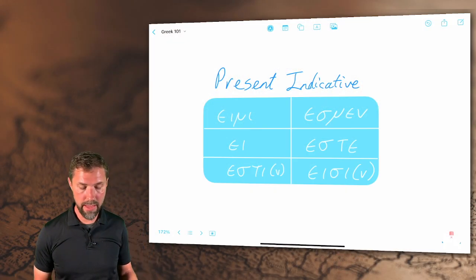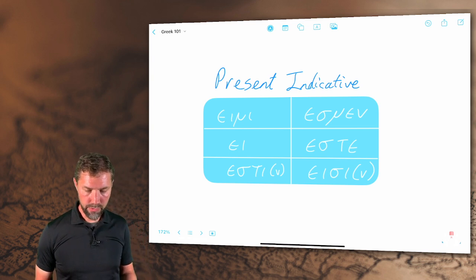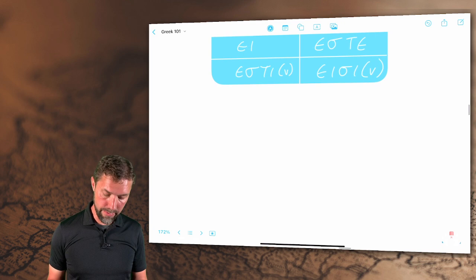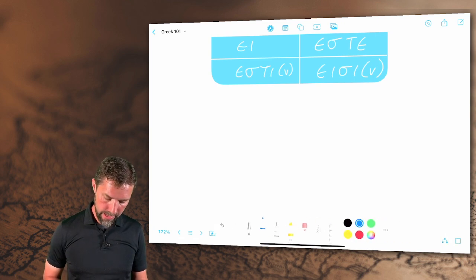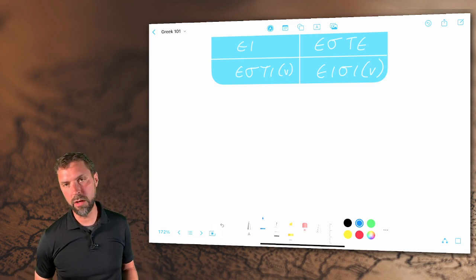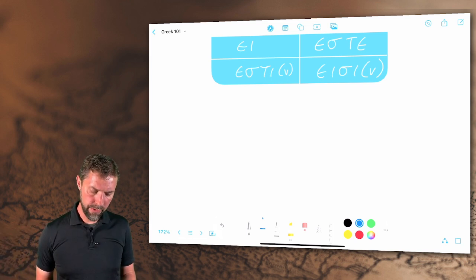In the present indicative, we learned here: eimi, ei, estin, esmen, este, eisin. Okay, so that's present indicative. We're going to learn now the imperfect indicative. And after this, we have one more, and that is the future indicative. And we'll pick up an infinitive and some participles. But for the indicatives, we just have three.